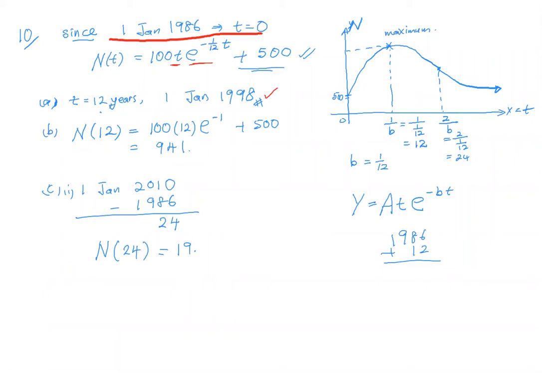Hold on. 1382. I got the same. The maximum is 941. Wow. But I got 1382 too. How can this be more?